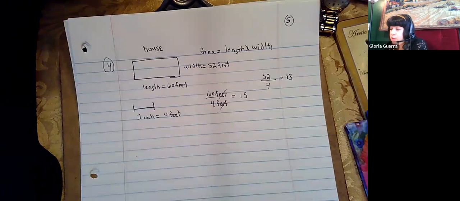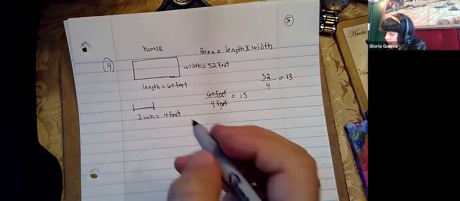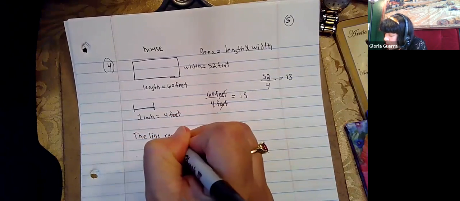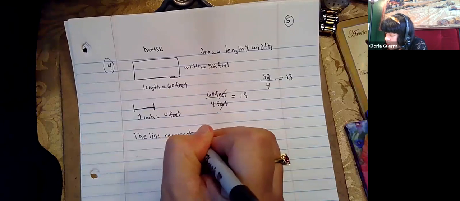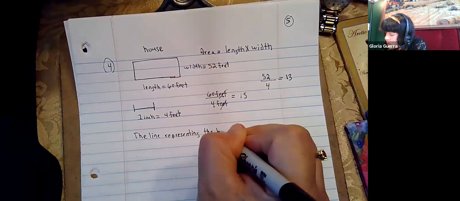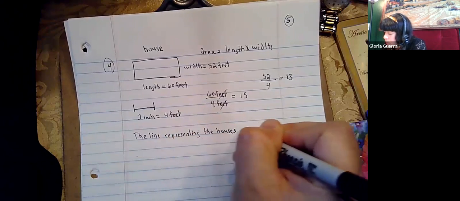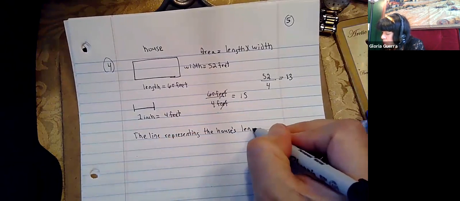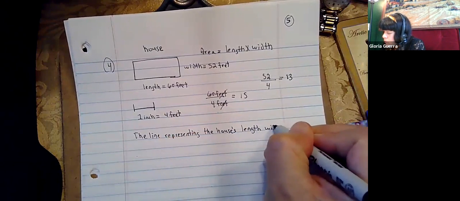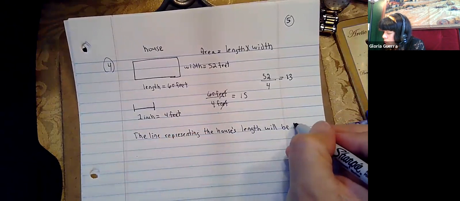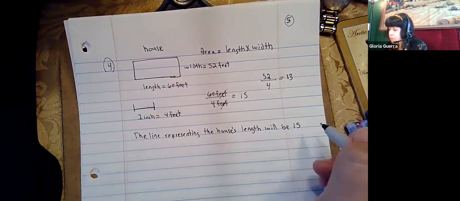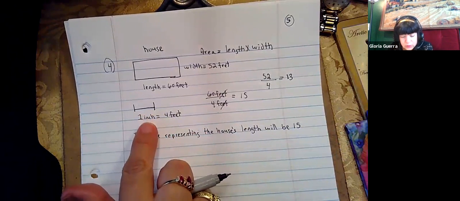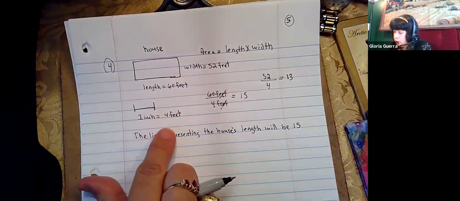And then I said here that the line representing the house's length will be 15. So that line, it says, this little line, that 1 inch is equal to 4 feet.